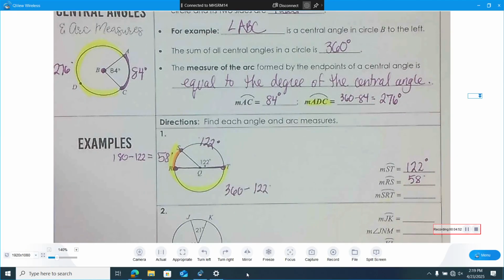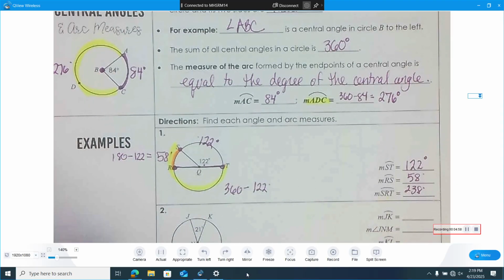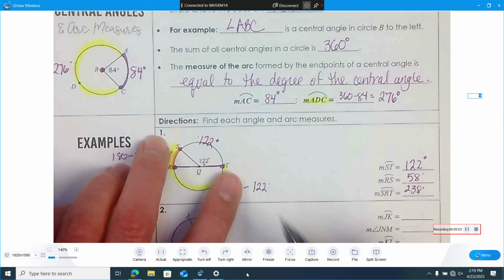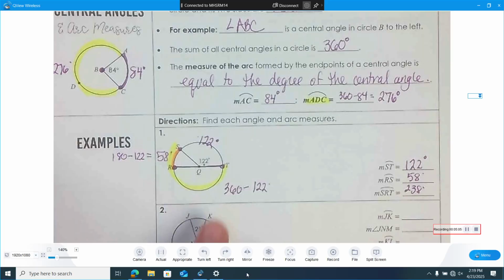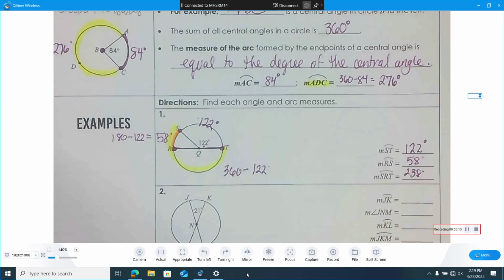Is that the only way to do it? Good. We can go the other way as well. You could do it by subtracting 122 from the whole, or you could go 180 degrees plus 58 more. So there's lots of ways to solve these problems, which is kind of entertaining.